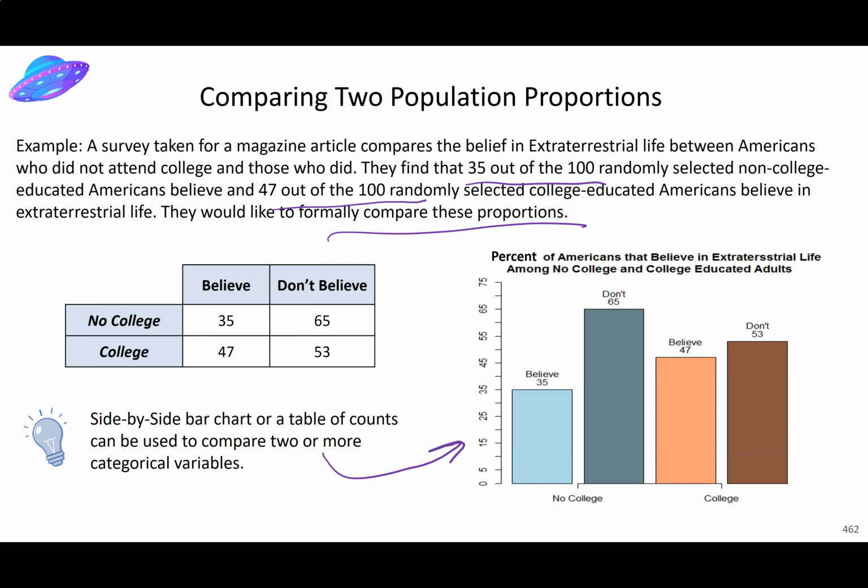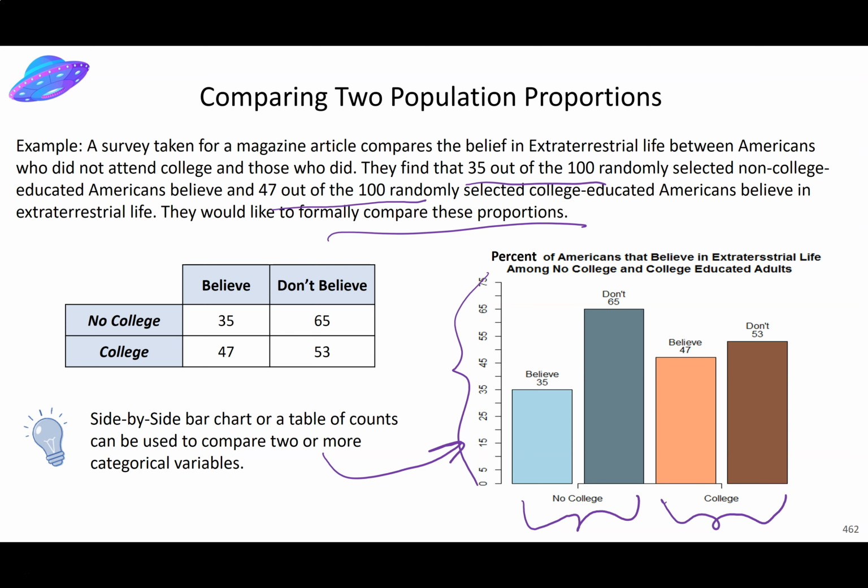So we have a side-by-side bar chart here. These first two go with the non-college educated folks. So 35 looks like counts here. 35 of the 100 believed in extraterrestrial life. 65 did not. Here's the college educated group. 47 believed. 53 didn't.